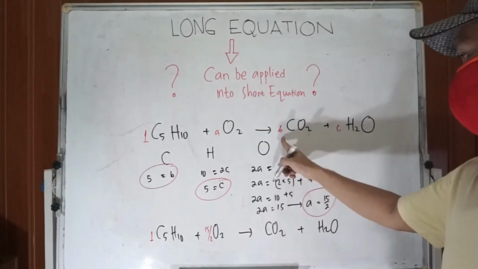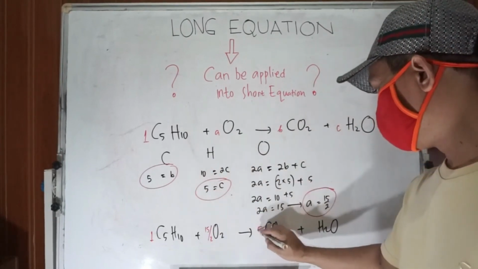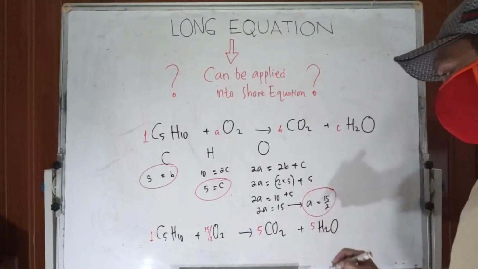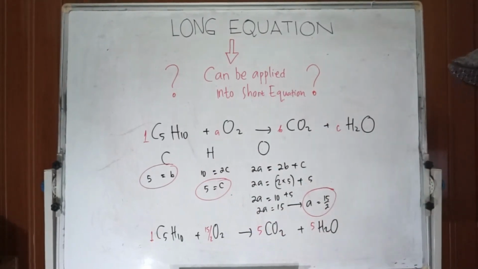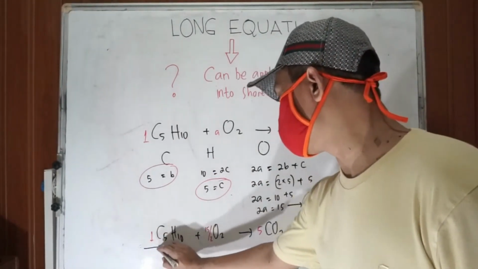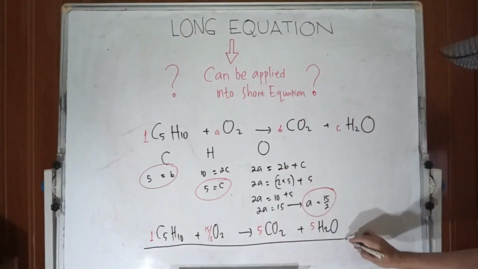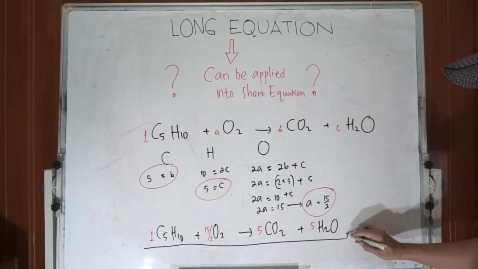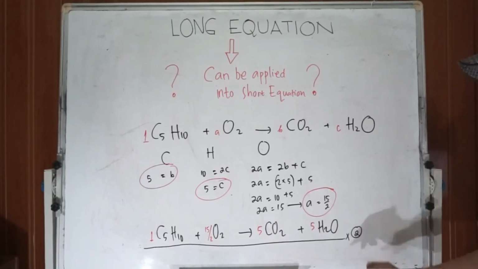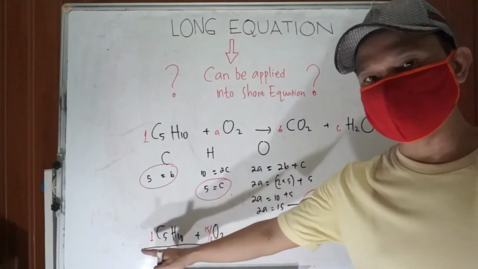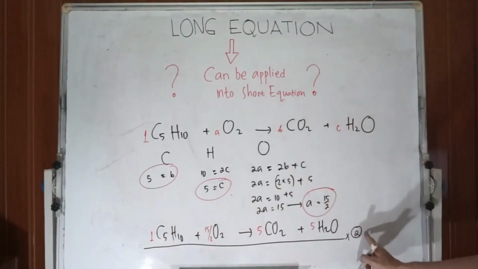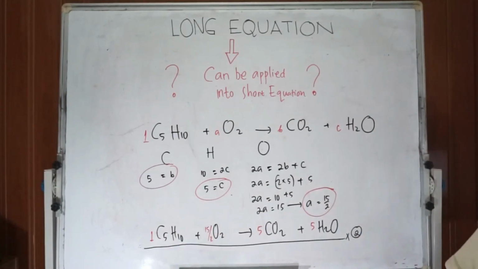Here is B, B is 5. And water, C, C is 5. Okay, but you can simplify the whole equation by multiplying all by 2, so make it integers.